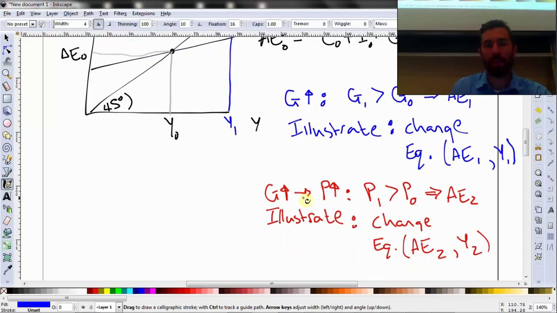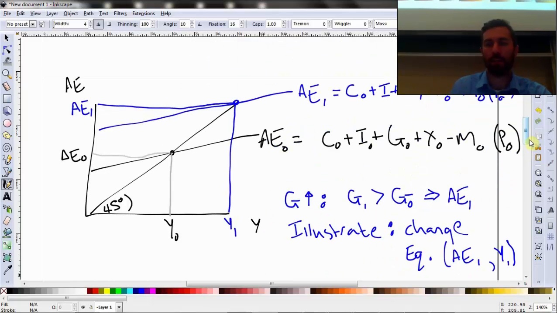Second part, our increase in government spending has also generated an increase in prices. The increase in prices does what? To aggregate expenditure, shifts our aggregate expenditure down. So our aggregate expenditure shifts down.